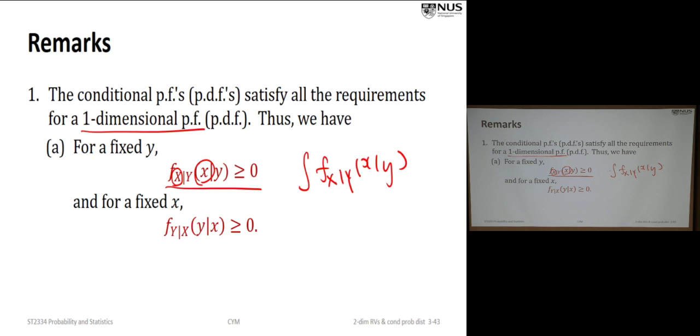I want to show that this equals 1. So it's dx, right? Remember, x is the random variable. We are talking about how x behaves when you have knowledge that y equals a particular value. So we integrate with respect to x, because x is the random variable. Similar for the other one.